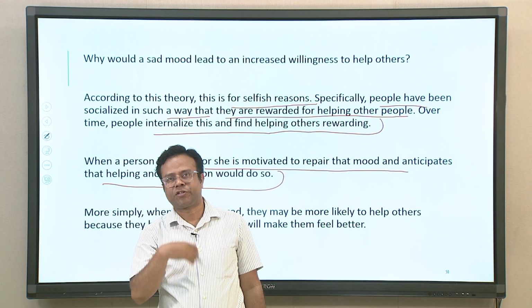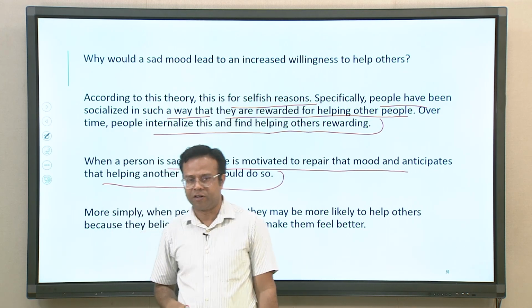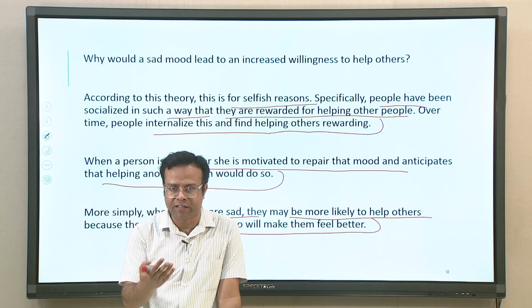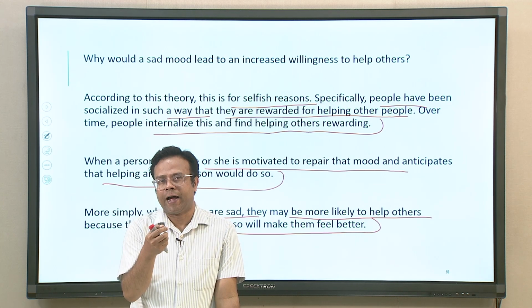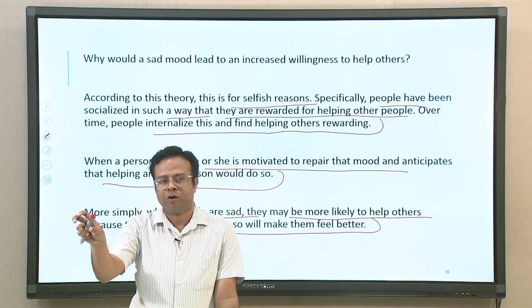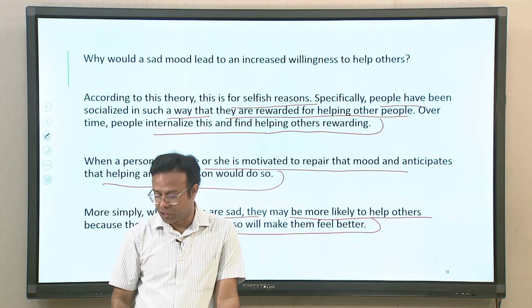So, at least they have this kind of expectation, which will probably enhance their prosocial behavior. More simply, when people are sad, they may be more likely to help others because they believe that doing so will make them feel better. What is the main selfish reason behind this? People want to feel good, and sad mood may promote prosocial behavior, especially when they expect that helping others will improve their mood.